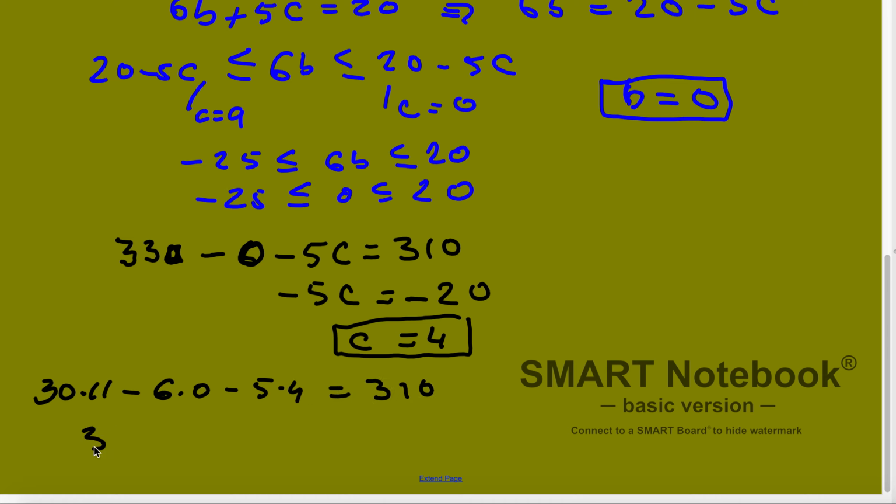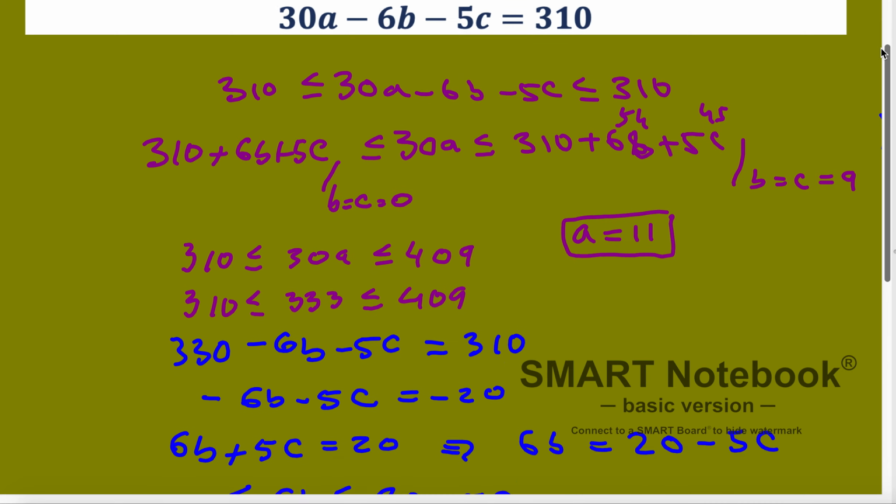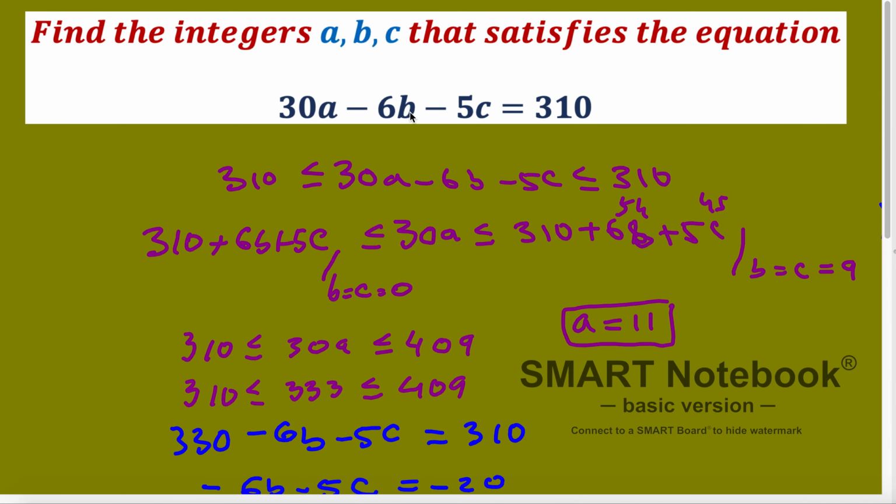So here is 330, here is 0, and this is minus 20, which is equal to 310. So 330 minus 20 is 310. So it satisfies: when a is equal to 11, b is equal to 0, and c is equal to 4, it is going to satisfy the equation 30a minus 6b minus 5c is equal to 310.